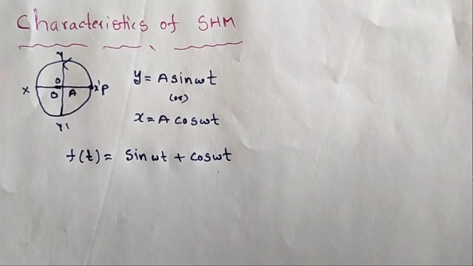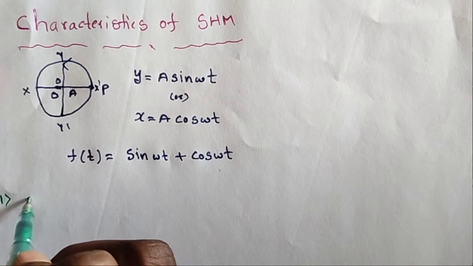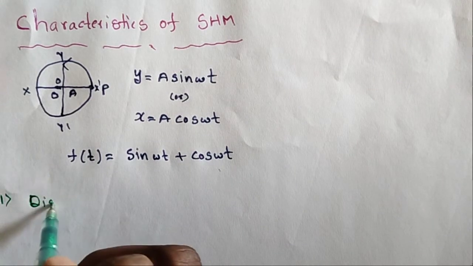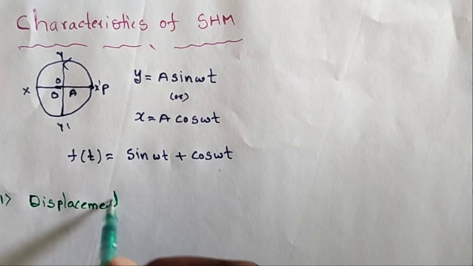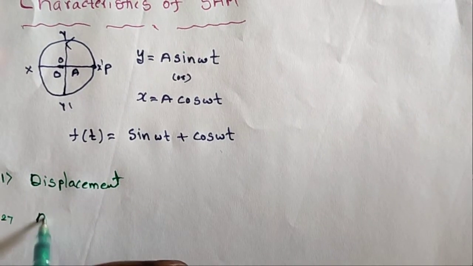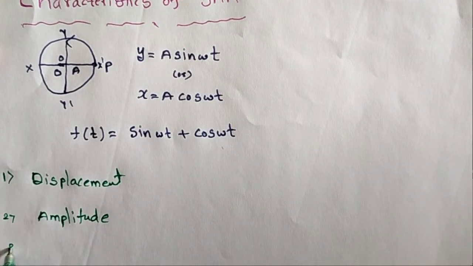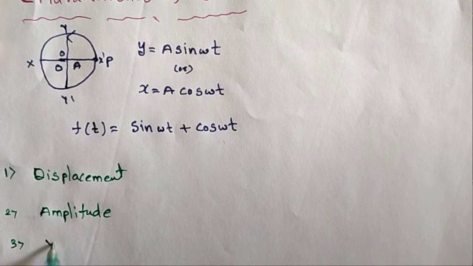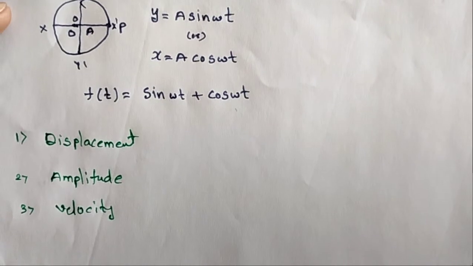How many characteristics are explained in this video? First, the characteristic displacement: what is the meaning of the displacement of a particle, and its equation. The second characteristic is amplitude: what is the meaning of the amplitude, and what is its equation? The third is velocity: what is the meaning of the velocity of a particle in simple harmonic motion?